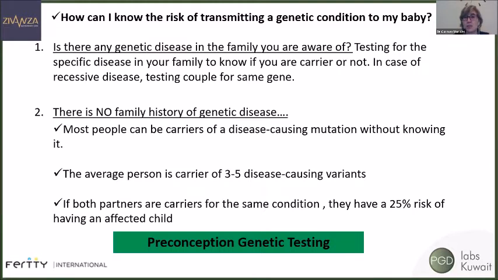The average person can carry between 3 to 5 disease-causing mutations or variants, and the couple is at risk for recessive disorders if both members of the couple are carriers of a mutation in the same gene, in the same condition, and they have a risk of 25% of having an affected child.